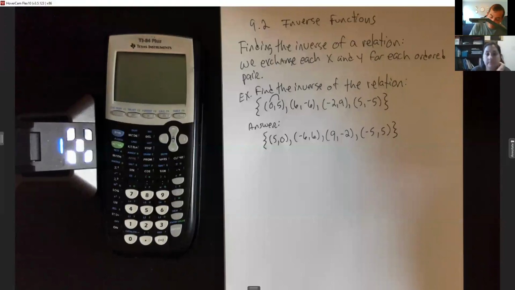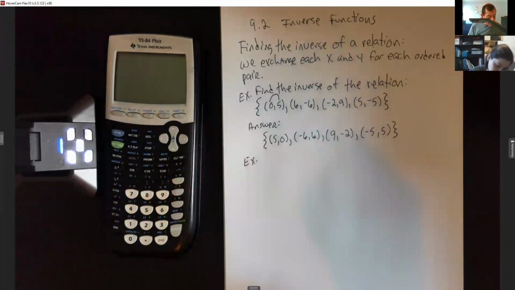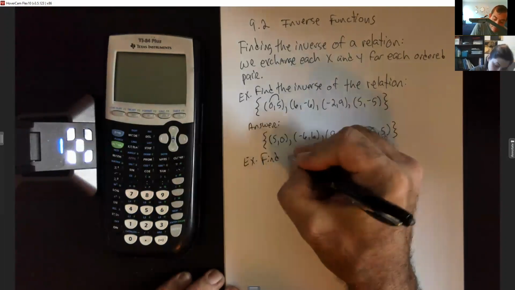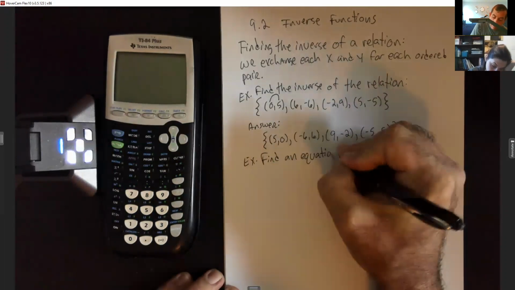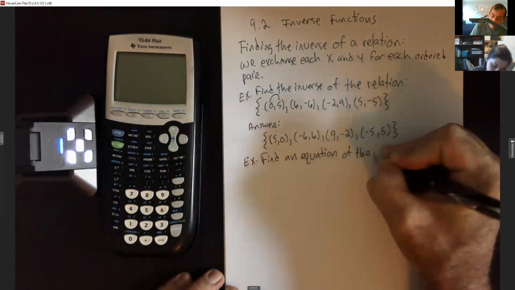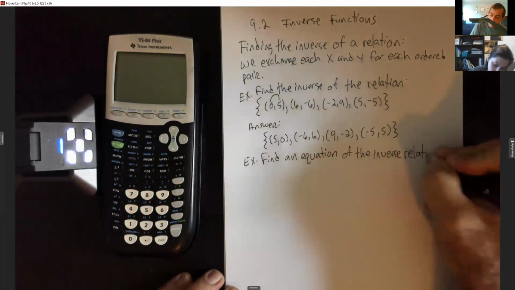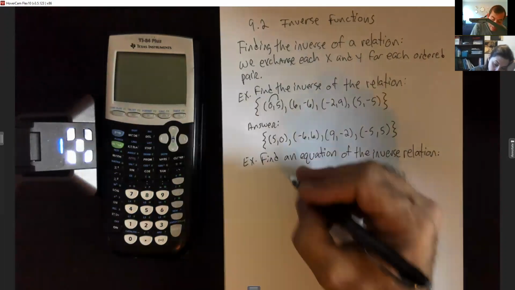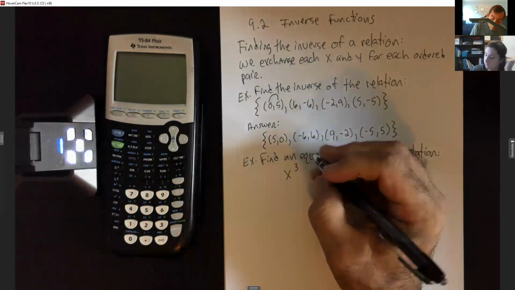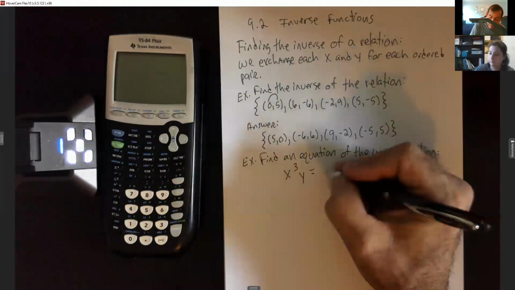All right, y'all, this next example, they want me to find an equation of the inverse relation. All right, and they're giving me x to the third y equals -8.